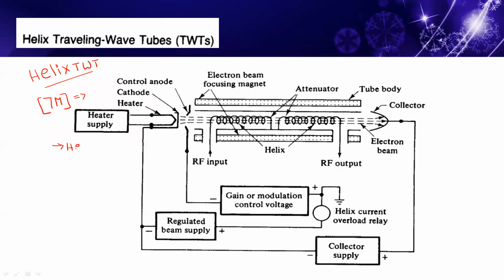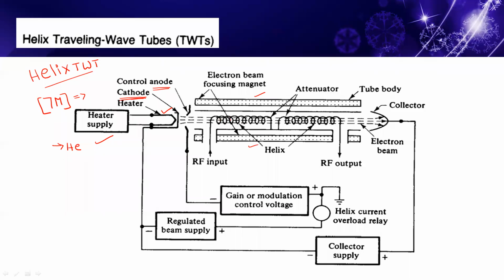Here we have the supply, and the heater gun, which is the electron gun. It has a cathode here, and these are the anode plates. Here we mentioned two magnets, the focusing magnets, magnet 1 and magnet 2.